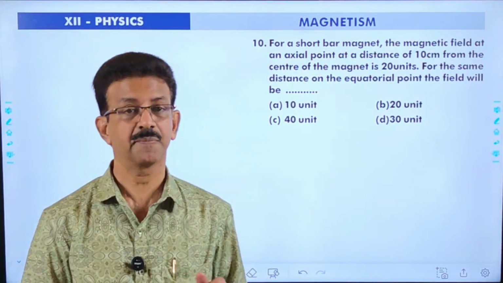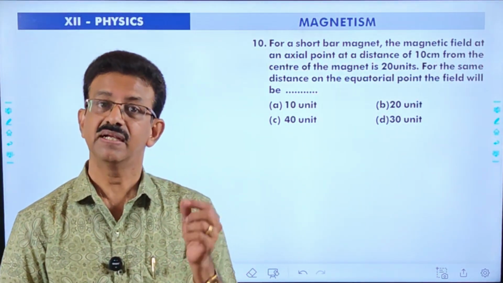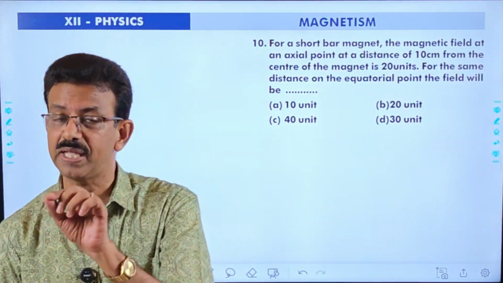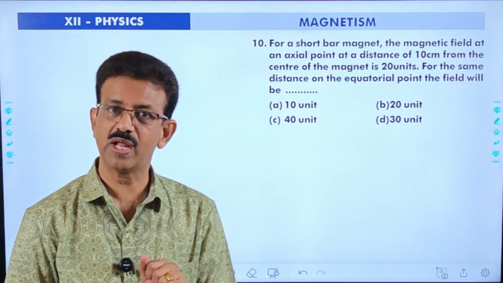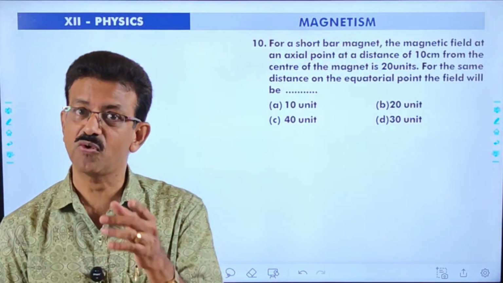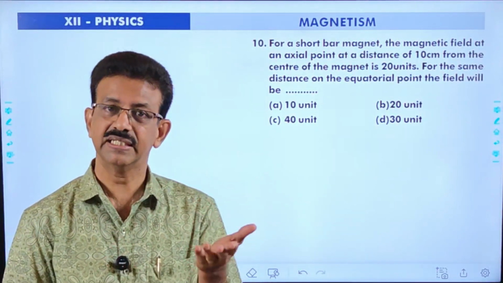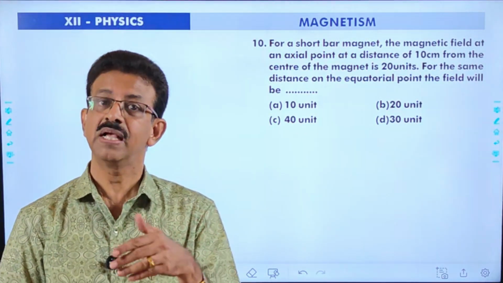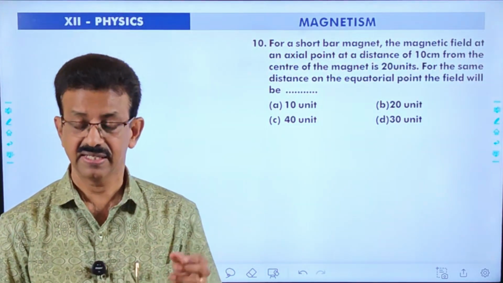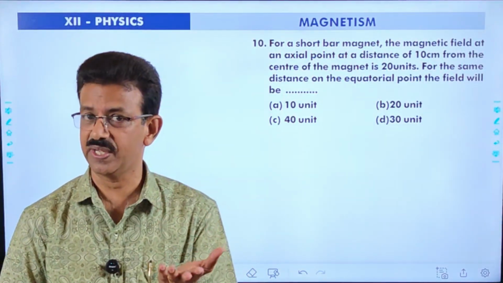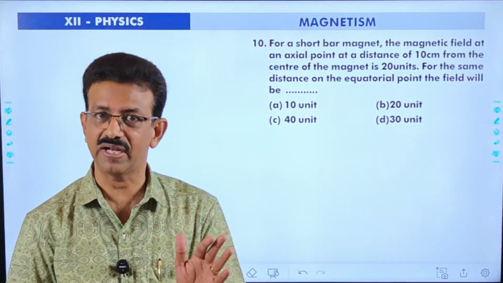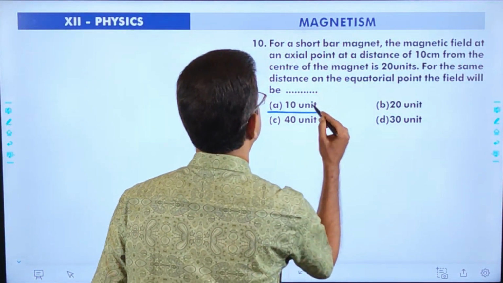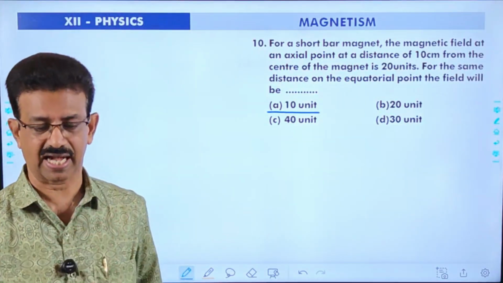We have already mentioned that for a short bar magnet, the axial field is mu by 4 pi, 2p by r cube, and at an equatorial point, B equals mu by 4 pi, p by r cube. That is, for the same distance, the equatorial field has a magnitude equal to half of the axial field. Here the axial field is given as 20 units, therefore the equatorial field is only 10 units. Therefore, the correct answer is 10 units. That is, A is the correct answer.